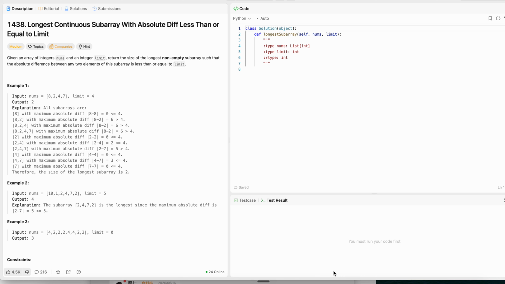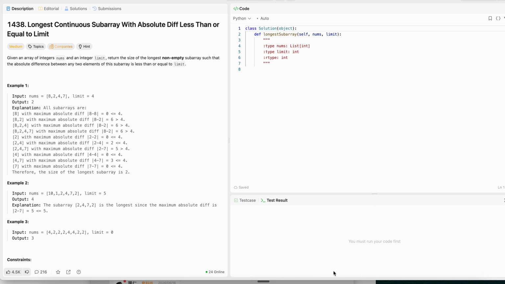Okay, so we got all the subarrays and we found the absolute difference. Let's see which are valid: smaller or equal to the limit. Okay, from all the subarrays that satisfy the requirement, the longest one is 2.